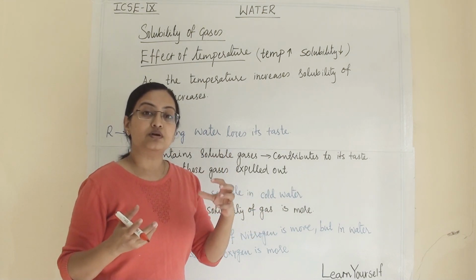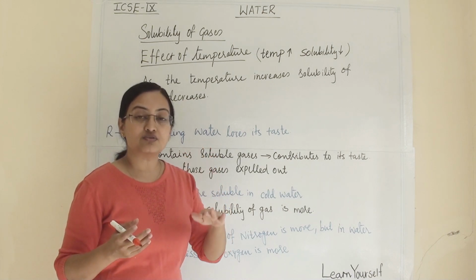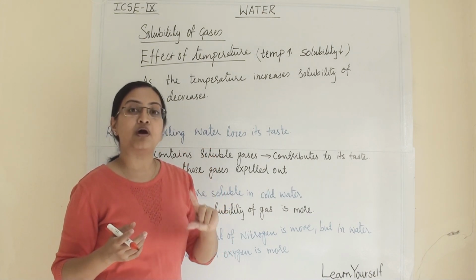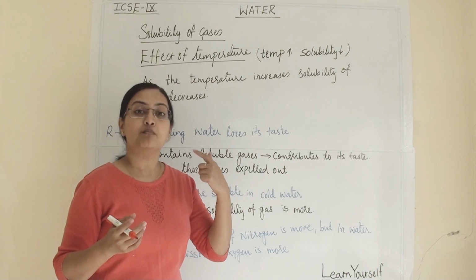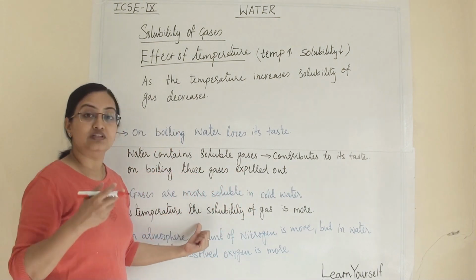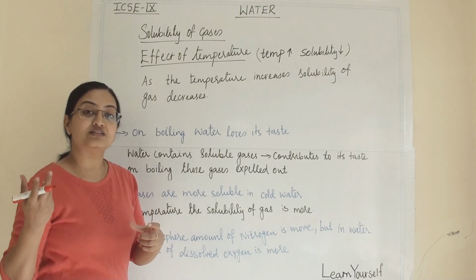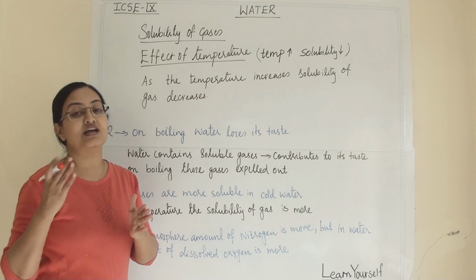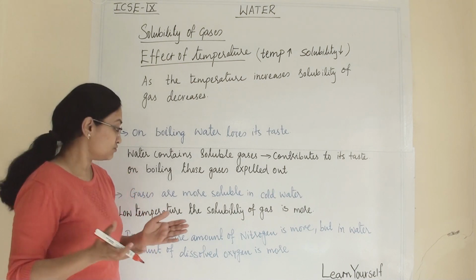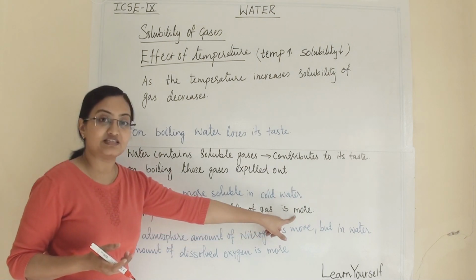Whatever carbon dioxide gas they have pressurized and dissolved in the liquid, that amount of gas will be more when the temperature is lower. So the taste will be different when you are drinking it chilled and when it is at room temperature. The reason is, at low temperature the solubility of gas is more.